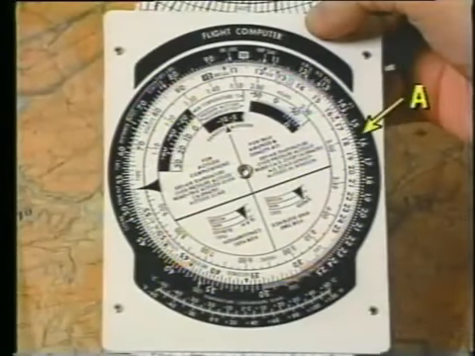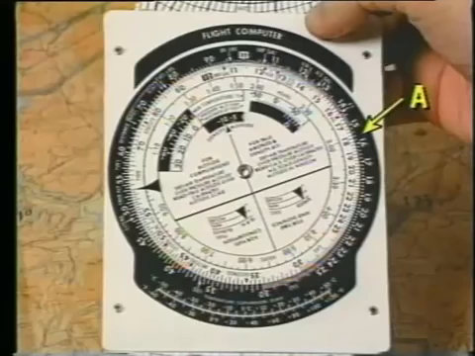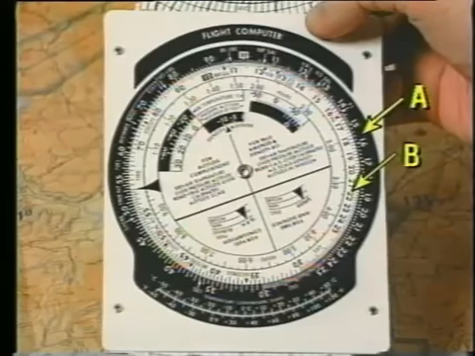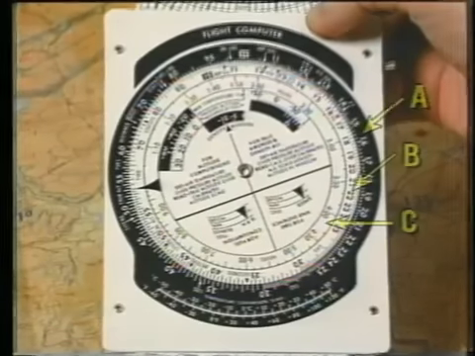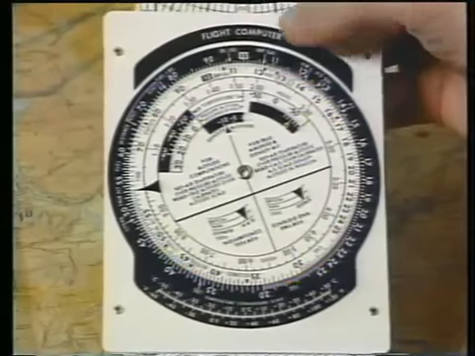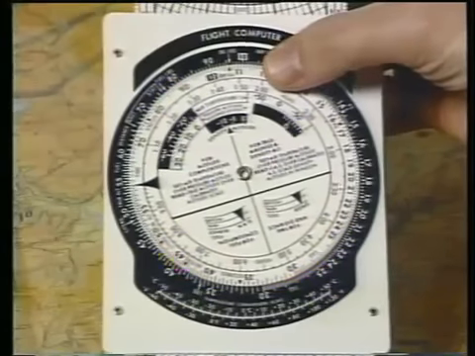The outer, or A scale, can represent distance, fuel, speed, or other units, depending on the problem you're solving. The middle, or B scale, may represent similar items, as well as time in minutes. The inner, or C scale, is simply a conversion of time in minutes to time in hours and minutes. The outer scale is fixed, while the inner 2 scales are printed on a single rotating disc.